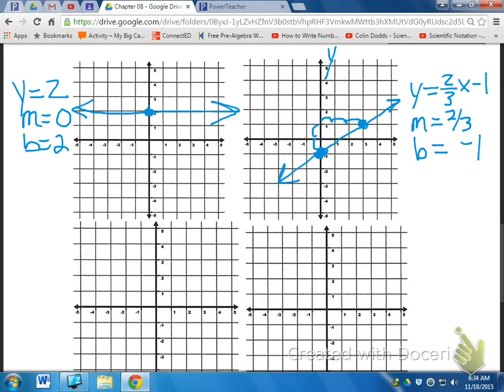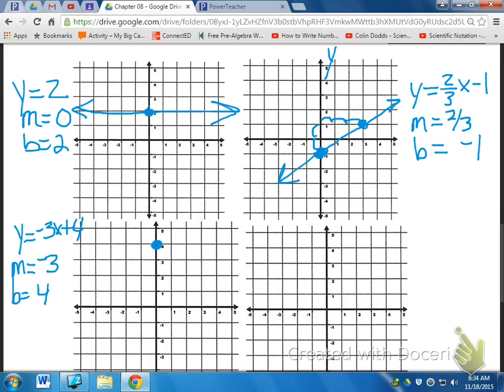Okay, last but not least, let's do y equals -3x plus 4. So somebody that hasn't answered, tell me what the slope and the y-intercept is. Stephen, what's the slope? The slope is -3. -3, and the y-intercept is 4. 4. So I start on my y at 4.